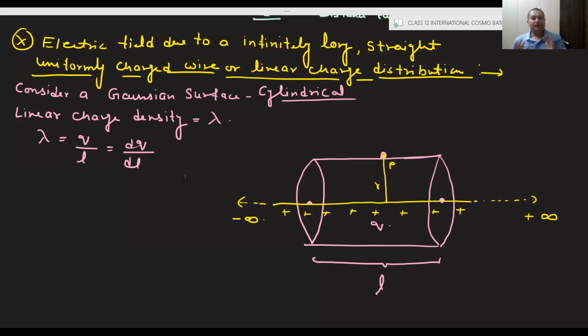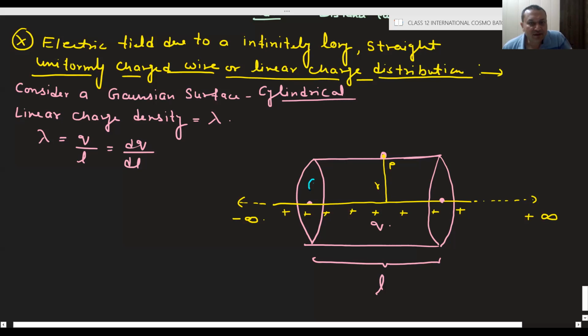Now this surface is made up of three areas. So I will consider three area vectors. This is the most important point. So I consider an area vector over here, like this. This is ds1. An area vector over here on the second surface.